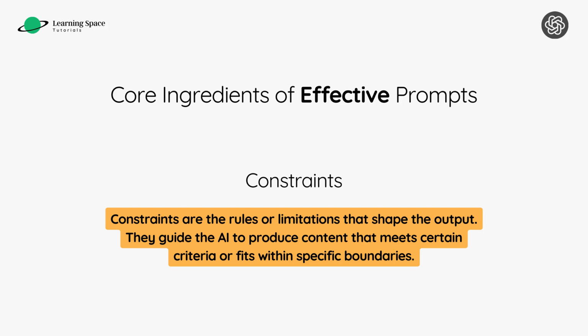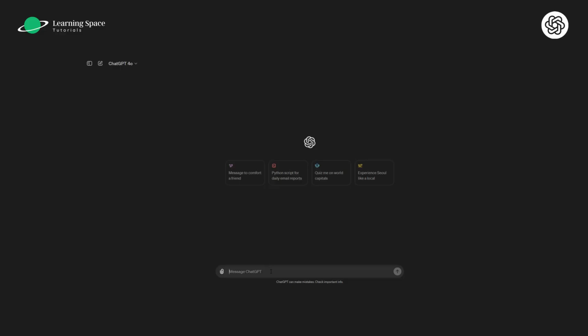Constraints can be about word limits, what tone the output should have, or specific elements that must be included. For example, this prompt: write a 200-word product review for a new smartphone.